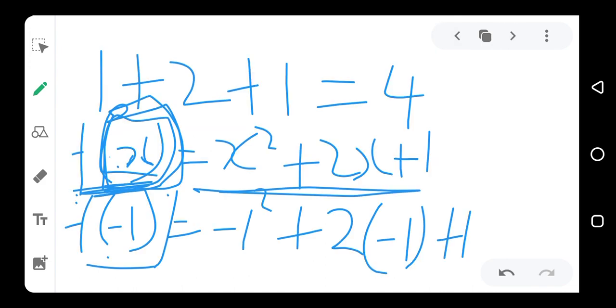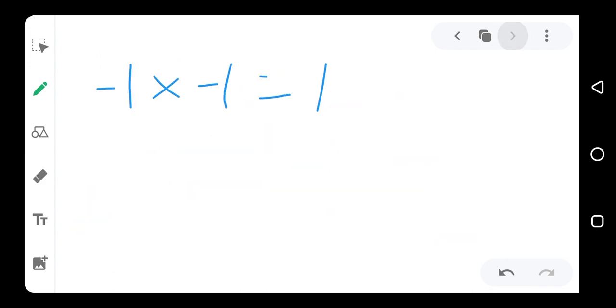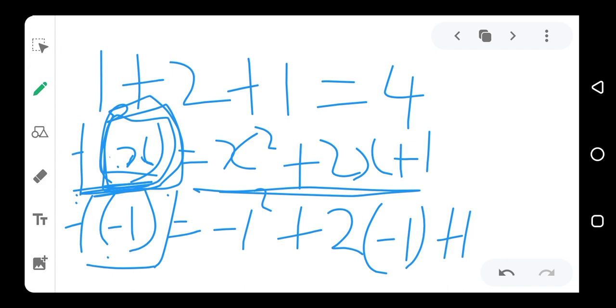Now, minus 1 raised to power 2 is minus 1 times minus 1, which is equal to 1. Okay, and now 2 times minus 1. So we are now going to have 1, and 2 times minus 1 is minus 2.